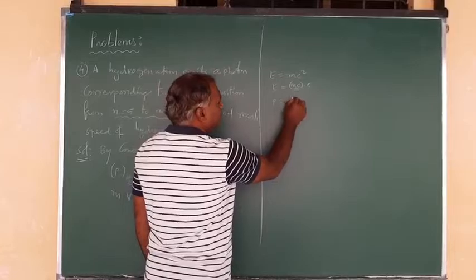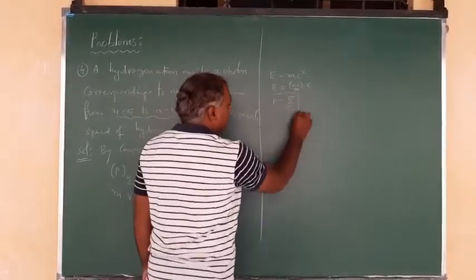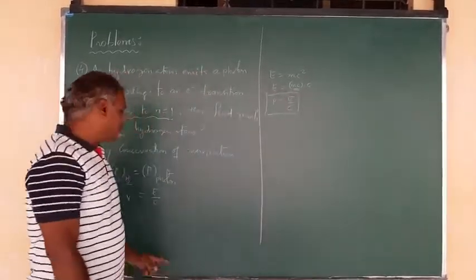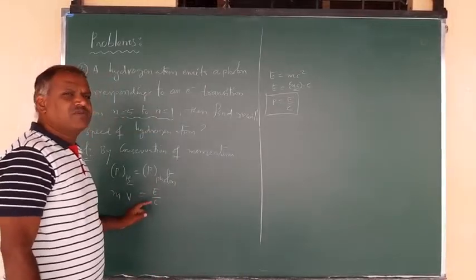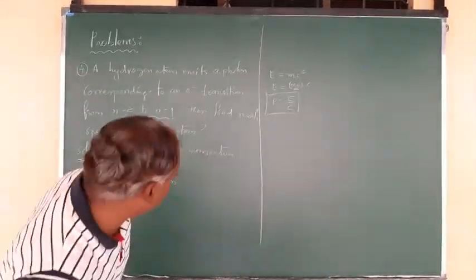So the momentum of the photon is E by C, right? So in place of the photonic momentum, I can write energy by velocity of light. So I can use this one.